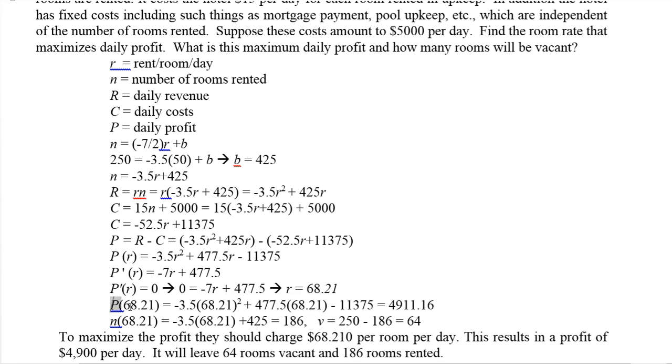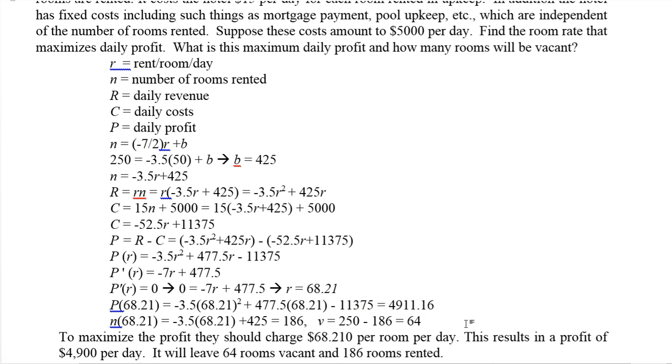Maximize our profit. Put that back into the profit formula, which was back here. Put the 68.21 in place of all those r's. That gives you this expression here, which simplifies to $4,911.16. The number of rooms that will be rented is, you put that number in place of r in the number of rooms rented here, and that works out to be 186 rooms will be rented, which means 64 will be vacant.